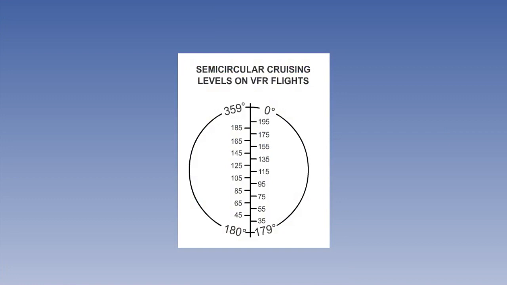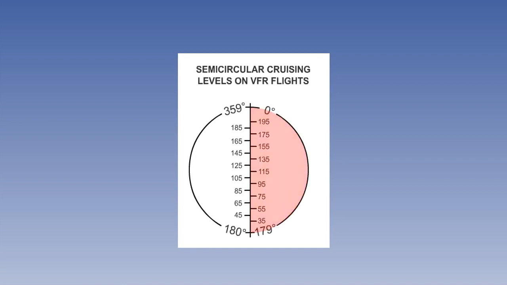We can now choose an altitude or level to fly. Above the transition altitude, pilots must fly on flight levels and comply with the semicircular rule which is shown on the screen. This is shown diagrammatically at the bottom of the map.